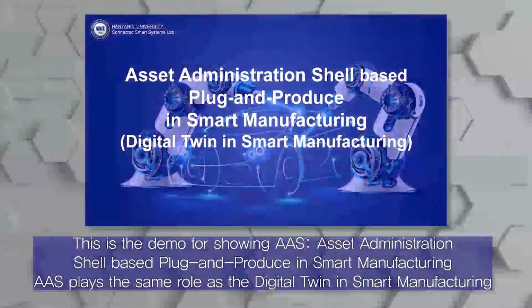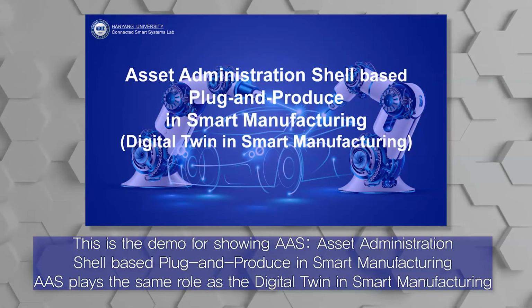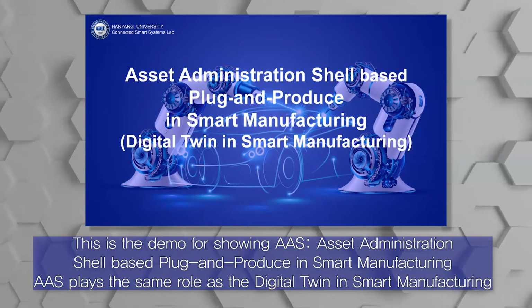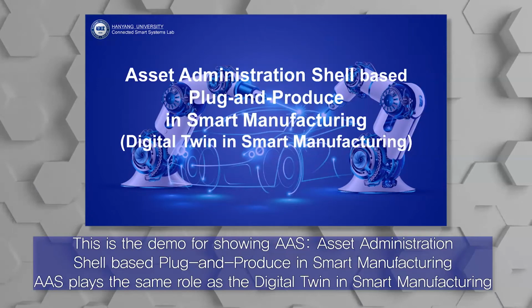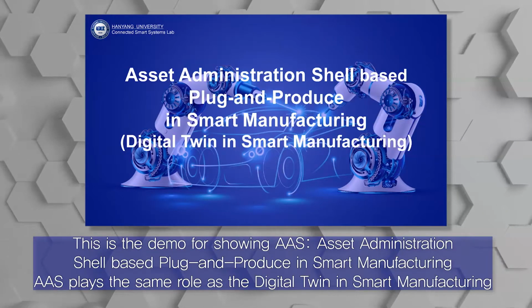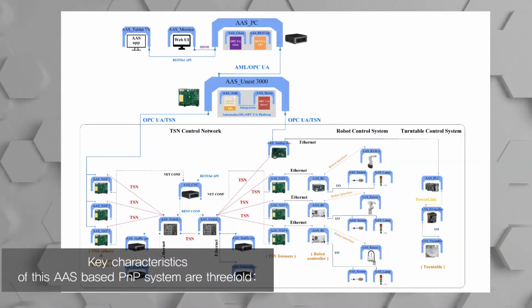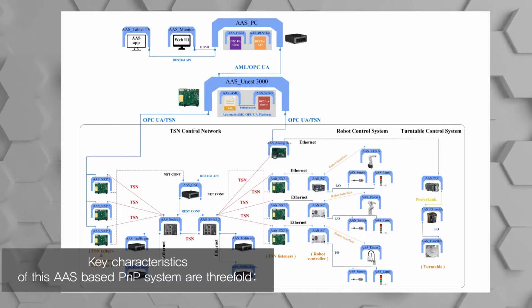This is the demo for showing AAS, Asset Administration Shell-based plug and produce in smart manufacturing. AAS plays the same role as the digital twin in smart manufacturing. Key characteristics of this AAS-based PnP system are threefold.